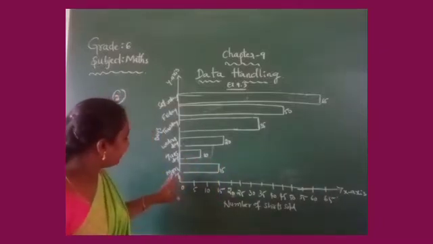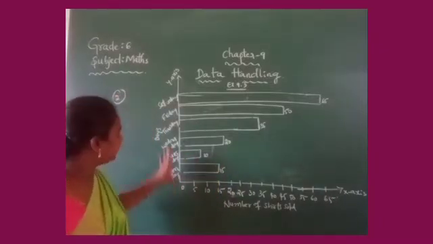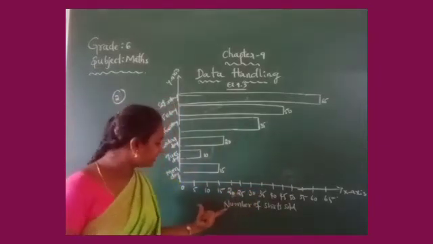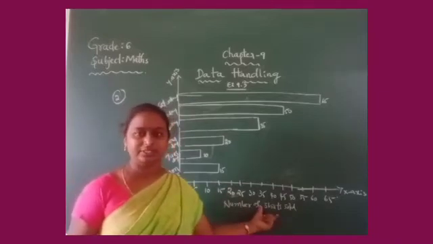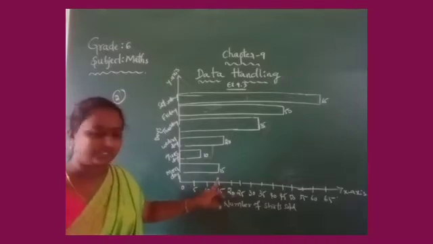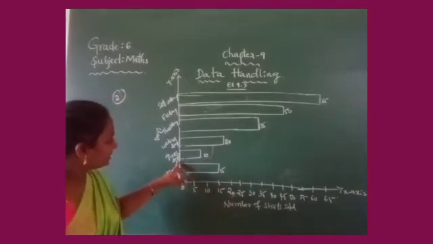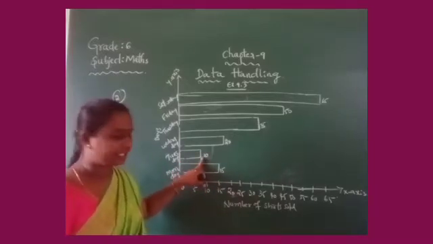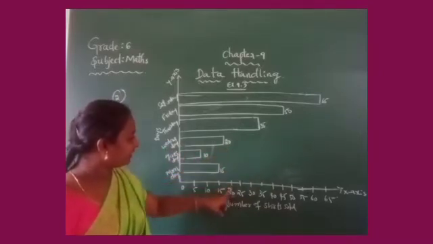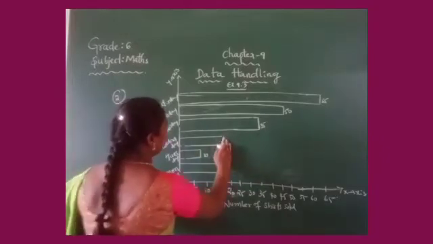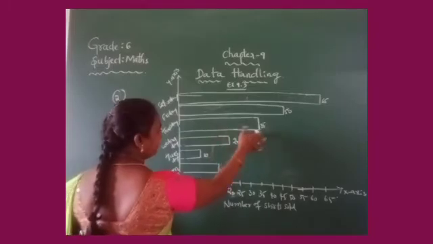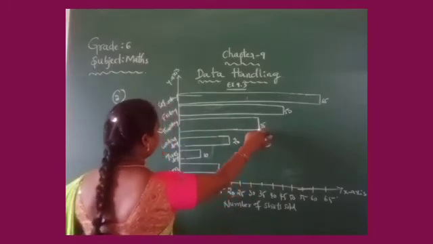Here he has taken the days on the x-axis and the number of shirts sold on the y-axis. On Monday, the number of shirts sold is 15. Tuesday, 10. Wednesday, 20. Thursday, 35.